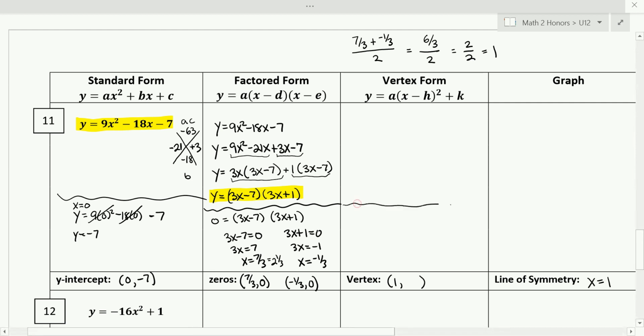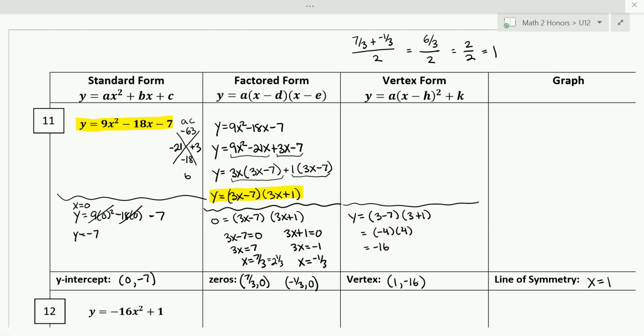So for factored form, I get y equals 3 times 1, which is 3, minus 7 as one factor, and then the other factor is going to be 3 times 1 plus 1. So that's going to be negative 4 times a positive 4, which is negative 16. And we have a vertex at 1, negative 16.